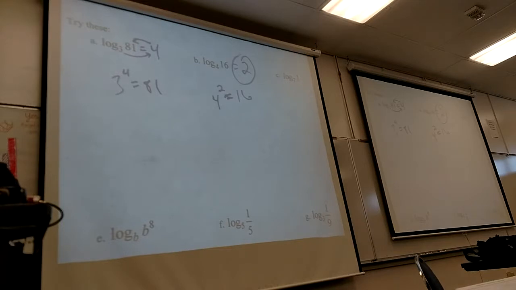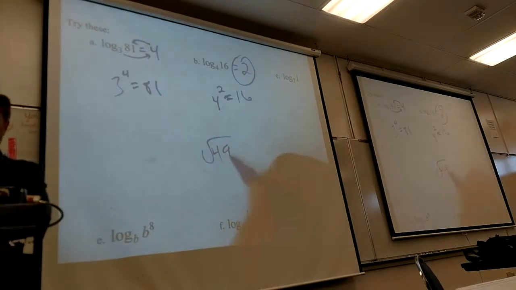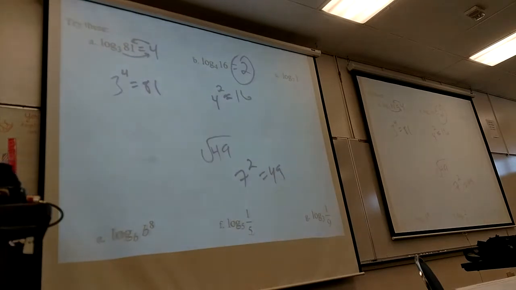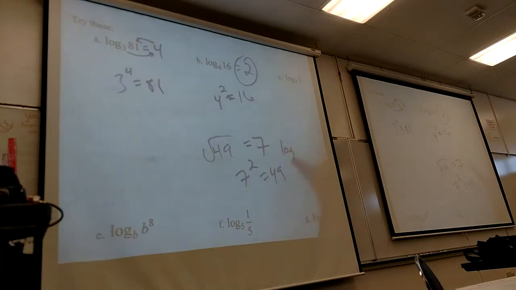But that doesn't tell me what the answer is. So if I ask you what's the square root of 49 and you write 7 squared is 49, have you told me the answer? No. What's the answer? 7. Right? So if I say what's log base 7 of 49, and again you write 7 squared is 49, you haven't told me the answer.